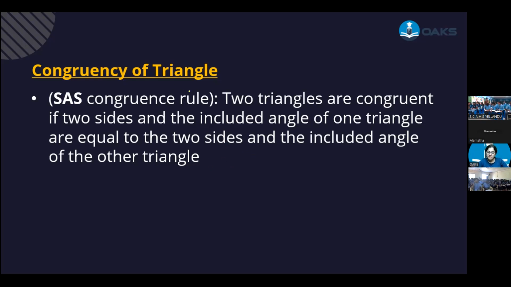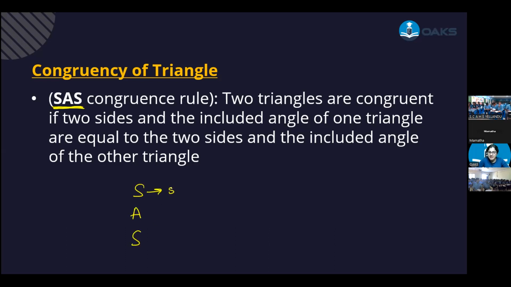Let me just give you some basic understanding of these congruency rules. Now, what we can see here is the SAS congruence rule. Everybody be attentive here if you do not know what SAS is. This SAS is an abbreviation, or we can say a short form. Let me write SAS.